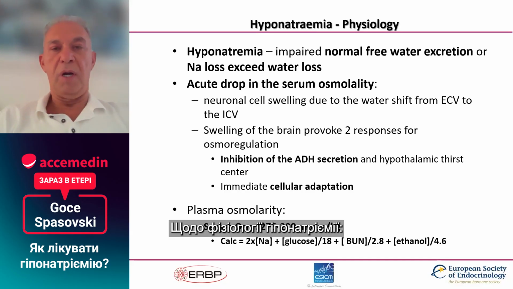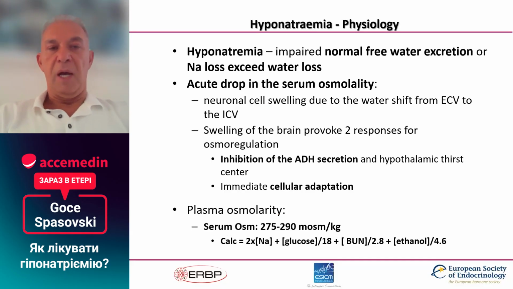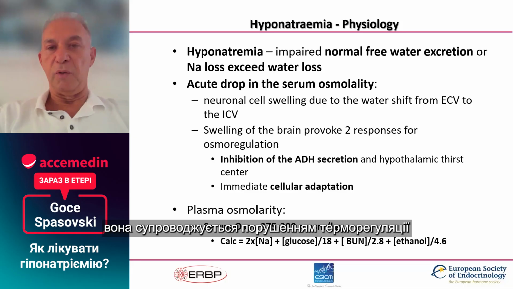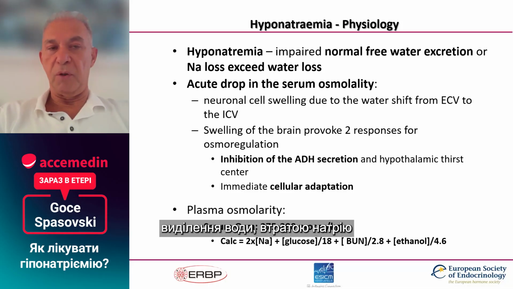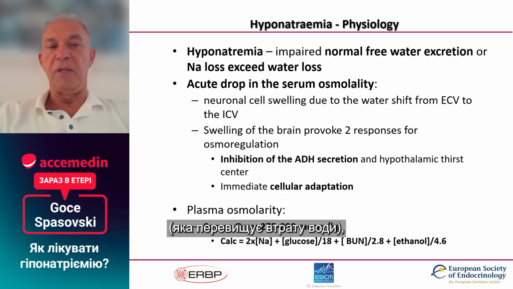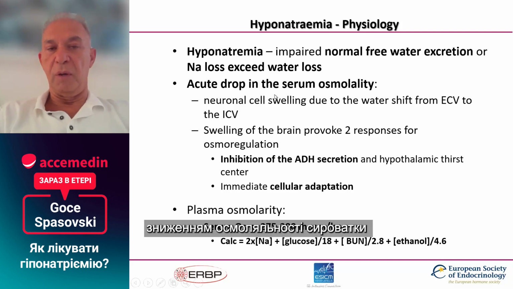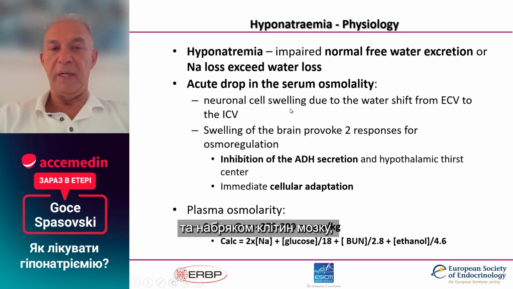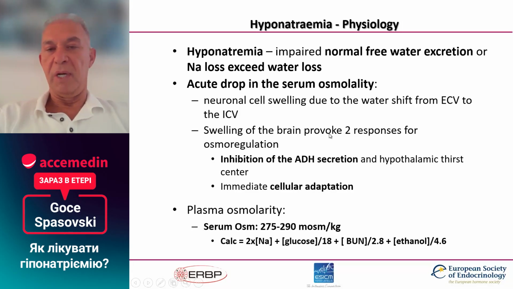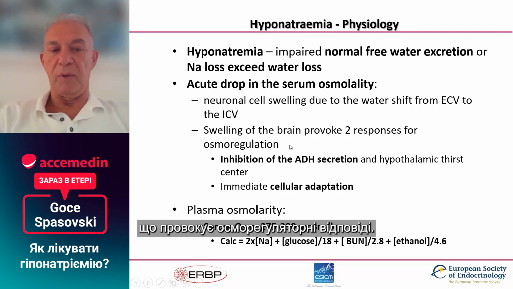And furthermore, about the physiology, hyponatremia with impaired normal free water excretion, or natrium loss that exceeds water loss. When there is an acute drop in the serum osmolality, neuronal cell swelling of the brain provokes the responses for osmoregulation.